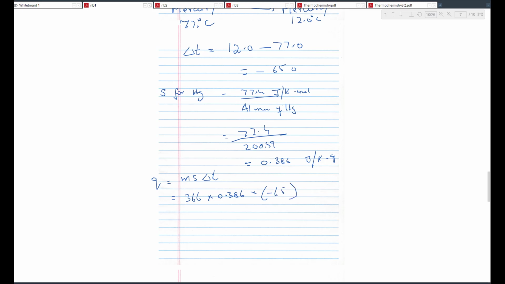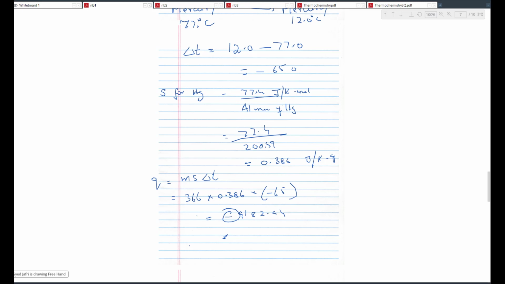And now calculating all of them, 366 times 0.386 times 65. And I am getting minus 9182.94. Rounding to three significant figures, but because they're already saying how much is liberated, skip the negative sign.